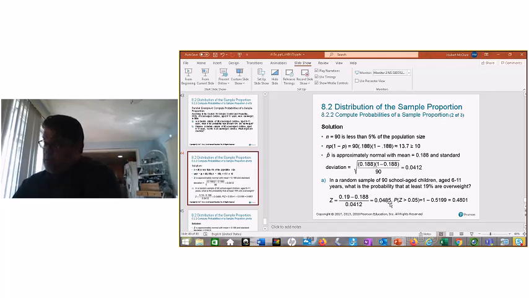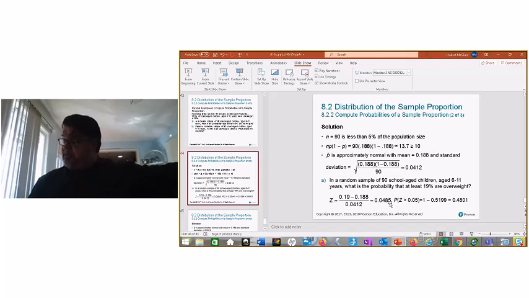So we know that our z-score is right here. I think they're wanting to know at least, so we know our area is going to be less than 50% because it's going to be over this. And they get 48%.